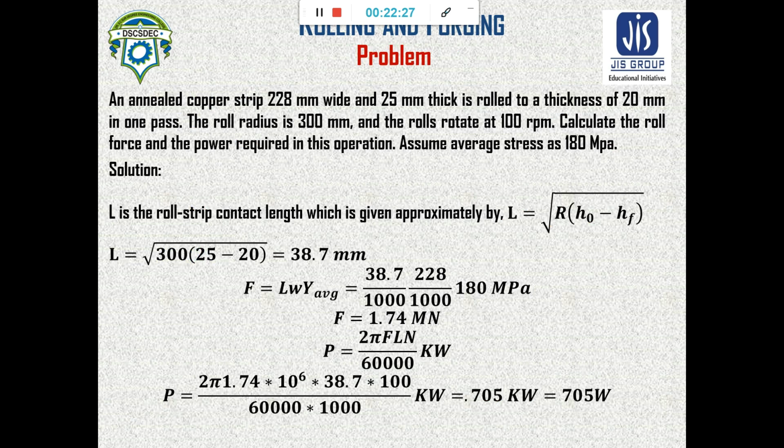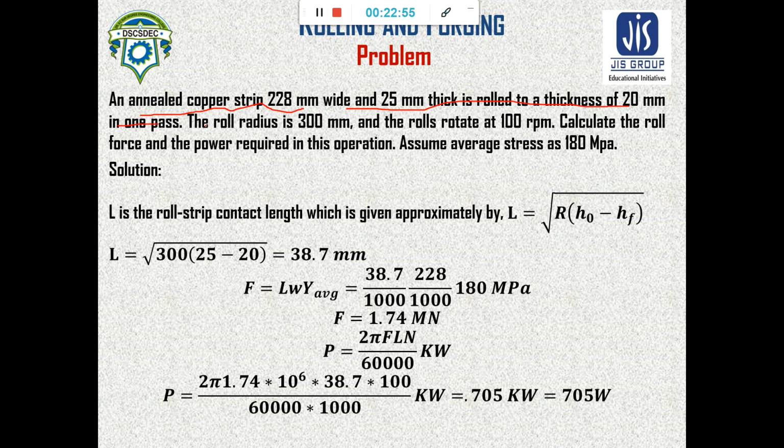Now we will see one problem. First, the problem statement will be analyzed. The problem statement is: an annealed copper strip of 228 width and 25 thick is rolled to a thickness of 20 in one pass.